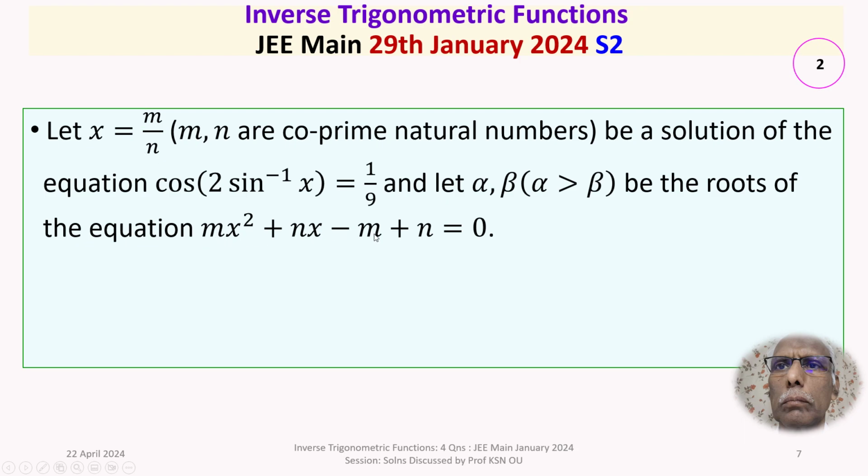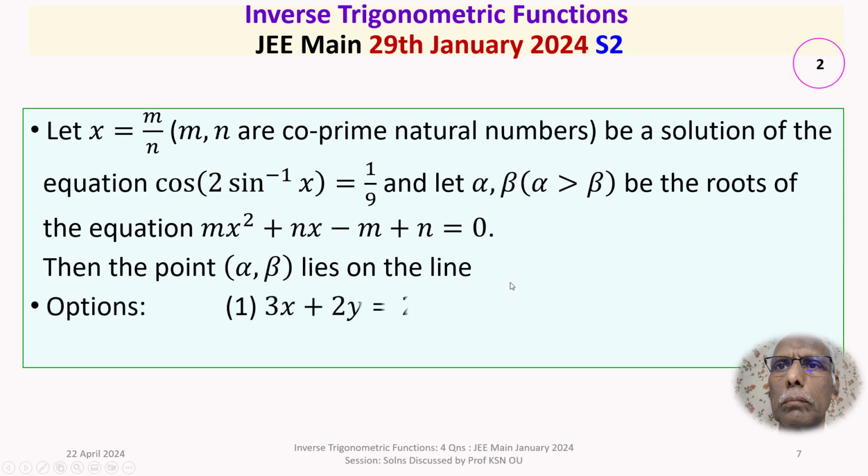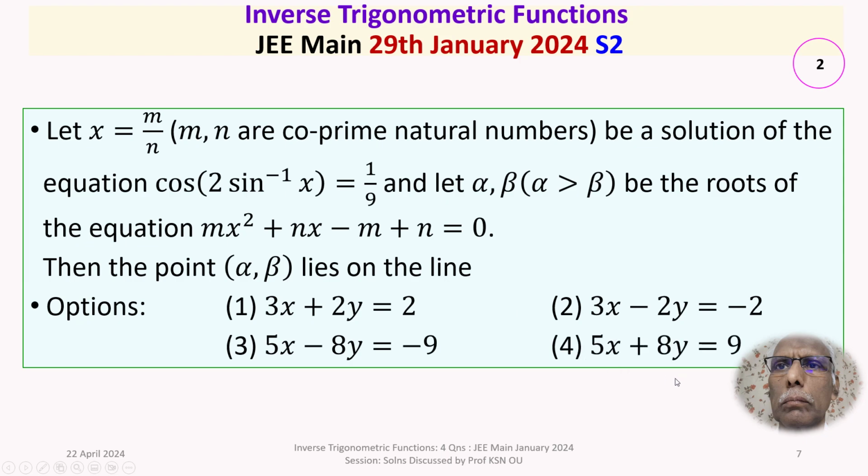Then the ordered pair alpha comma beta lies on the line, and you are given the equations of 4 straight lines. So you have to find out which of the given 4 lines this point alpha comma beta lies on.